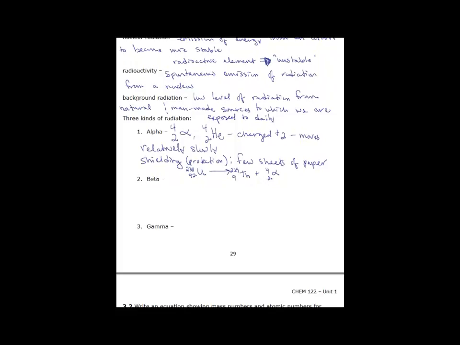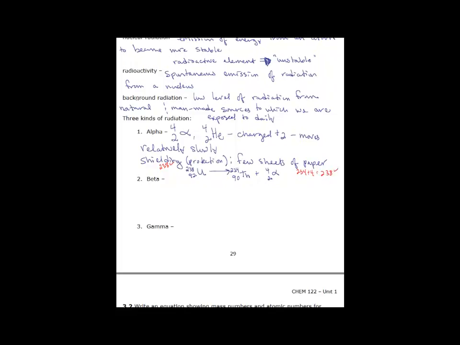thorium-234 90. Now the way these equations work, you can kind of think of that arrow as the equal sign. The sum of the mass numbers on the left must equal the sum of the mass numbers on the right. So on this side we have 238. The sum of the mass numbers here, 234 plus 4, that checks out, 238.